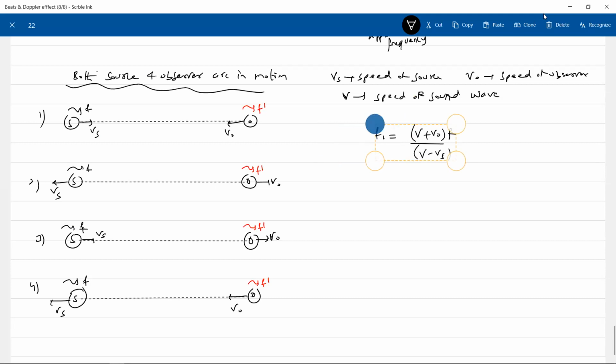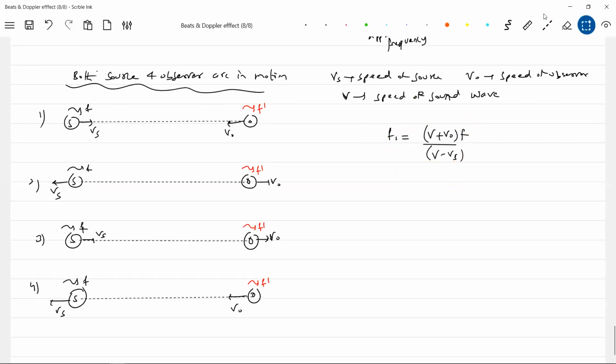F is the actual frequency. So what is F? We'll define F also. This is the apparent frequency in the first case.